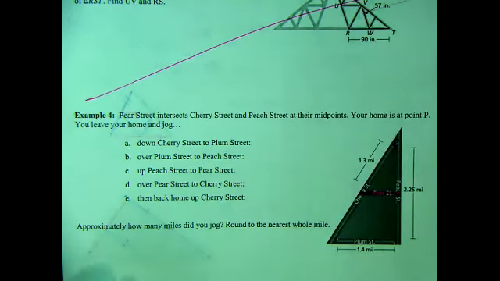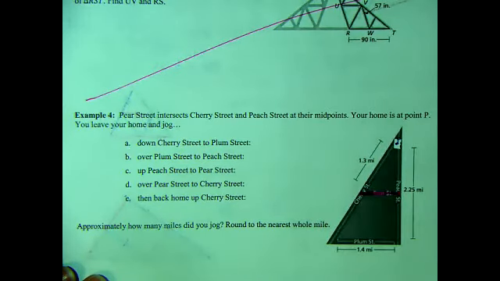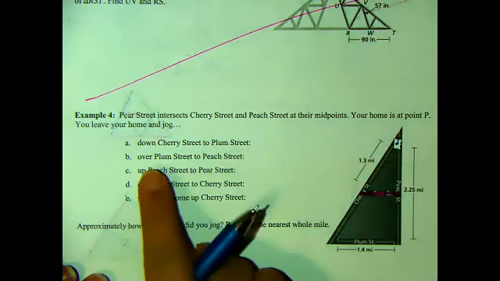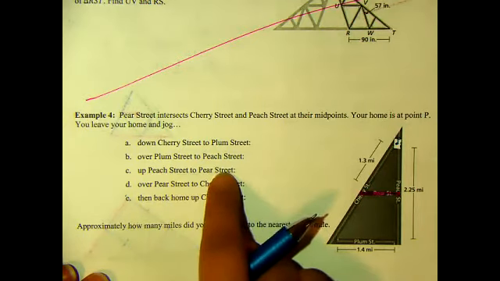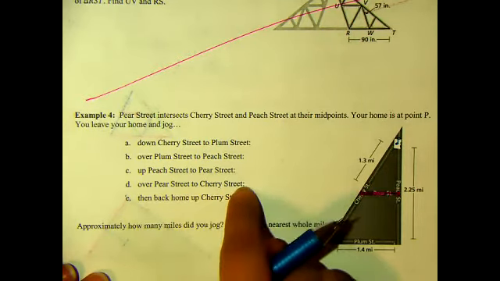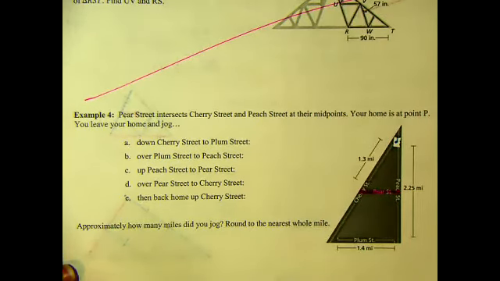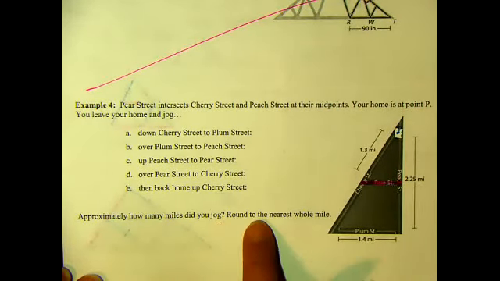You leave your home and jog first down Cherry Street to Plum Street, over Plum Street to Peach Street, up Peach Street to Pear Street, over Pear Street to Cherry Street, then back home up Cherry Street. The question here is approximately how many miles did you jog? Round to the nearest whole mile.